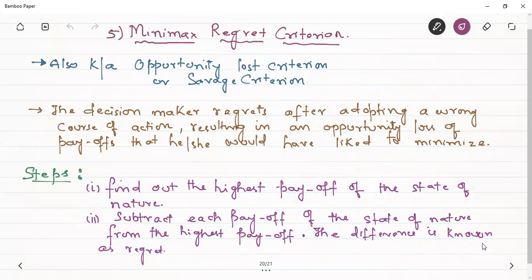So this was for what we call the maximization problem. Had there been a minimization problem, the formula would have changed.